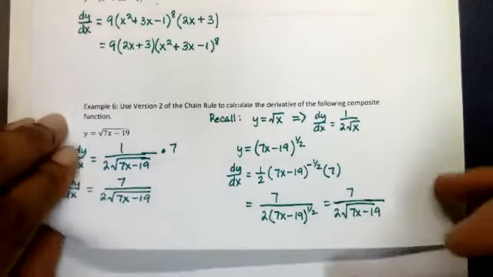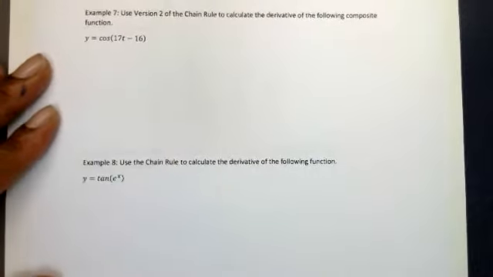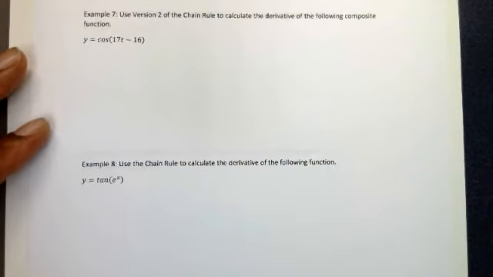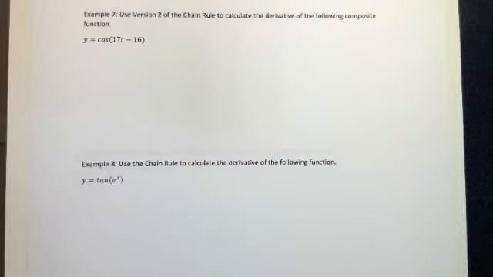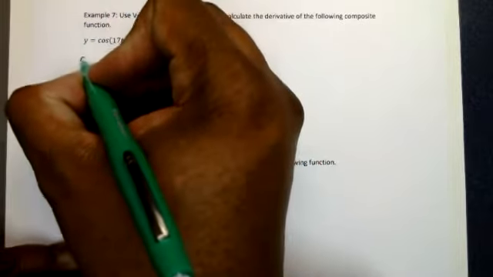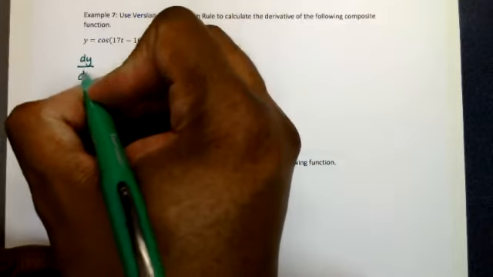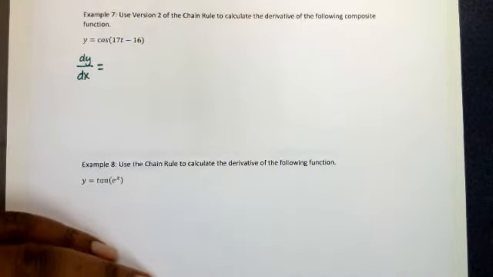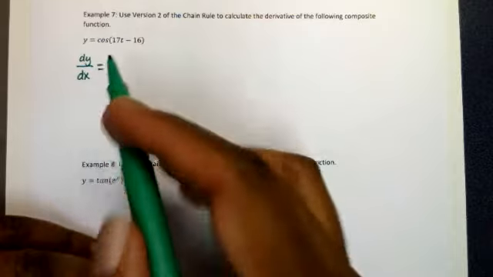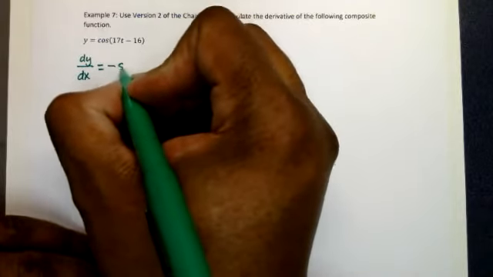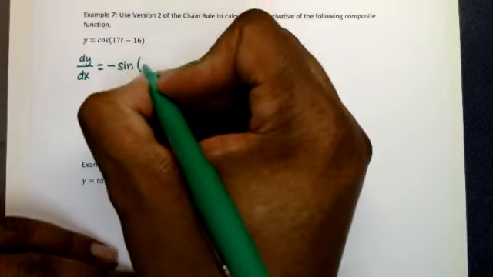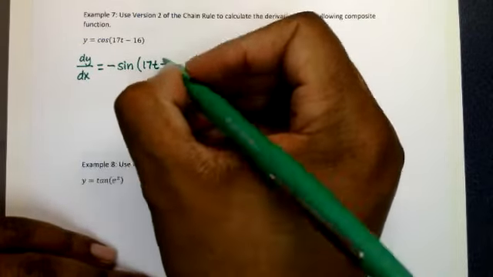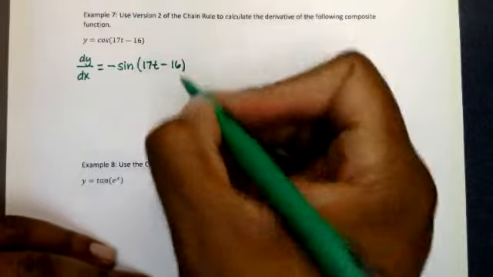Right, on the next page, let's say we want to use version 2 of the chain rule to calculate the derivative of the following composite function, y equals cosine of the quantity 17t minus 16. So if I take the derivative of that, the derivative of a cosine is going to be negative sine of that angle, 17t minus 16.